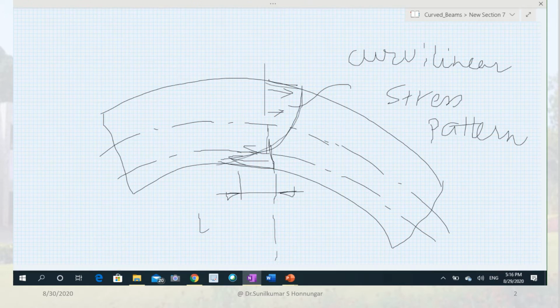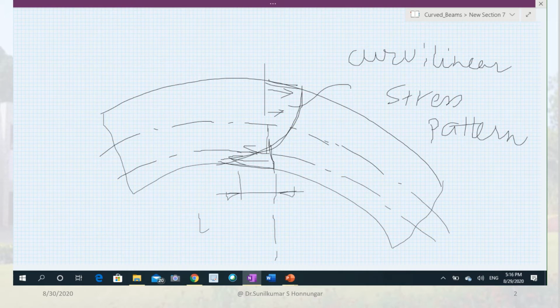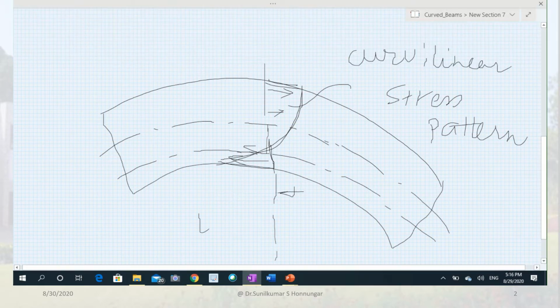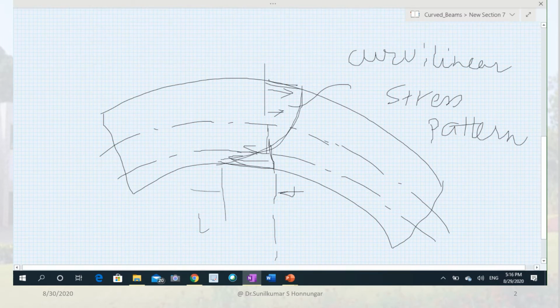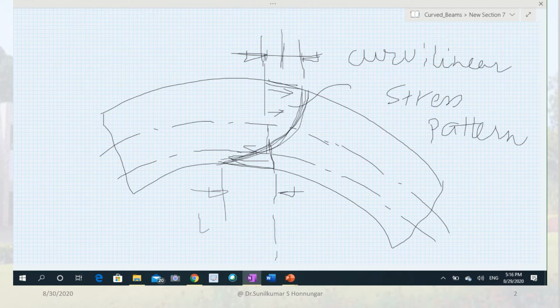Of course the magnitude is more over here, so let me show that magnitude: more magnitude on the bottom side and less on the top. Magnitude means the quantity of the stress from this point to this point. So this stress pattern is not straight, as I mentioned in the previous slide for a straight beam. It is a curvilinear stress pattern.